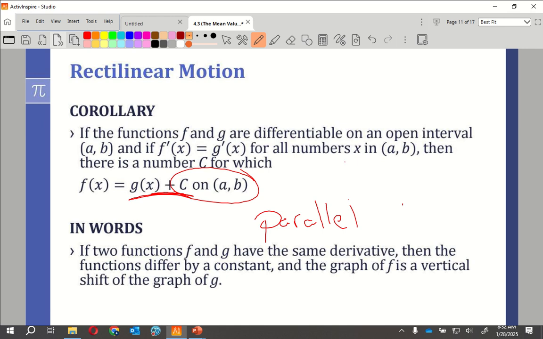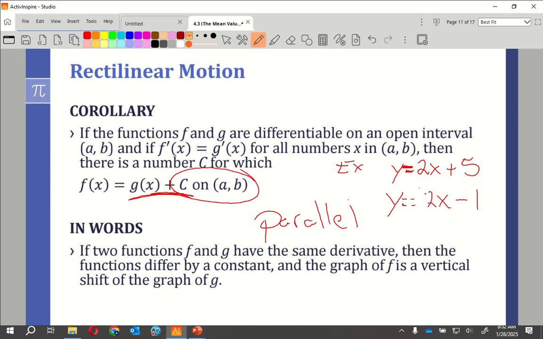So an example would be y equals 2x plus 5 and y equals 2x minus 1. Those are not the same lines, are they? They're not the same lines, but they have the same slope. So therefore they are parallel to each other.